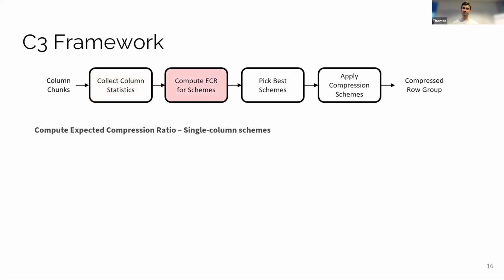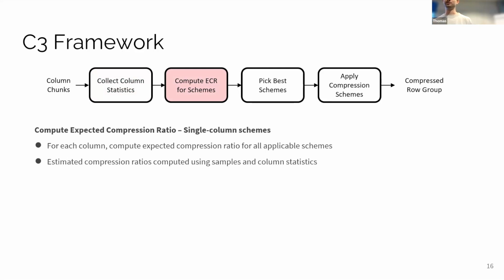Next, we compute the expected compression ratios for all of these single column compression schemes. We loop over every column and compute the expected compression ratio for every applicable single column compression scheme.